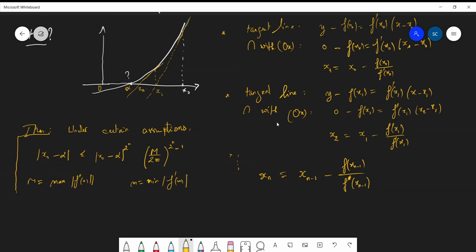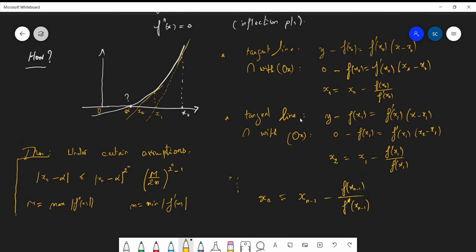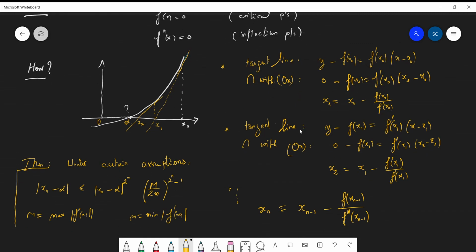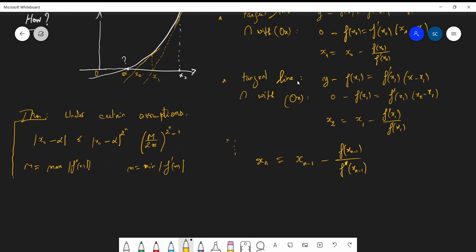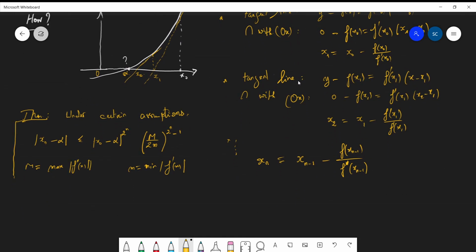Okay, so yes, we can see it, it's necessary. This is the idea of Newton methods. You see there is an algorithm, something that we can implement. It is implemented in computers, like programs.